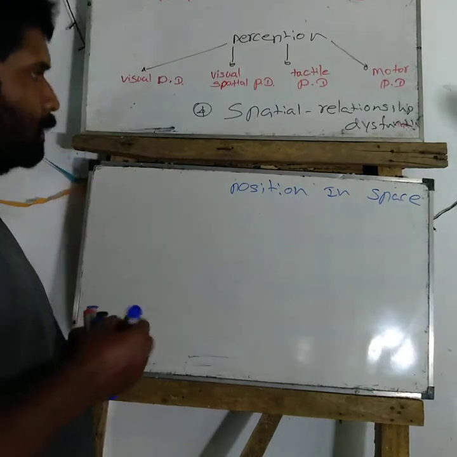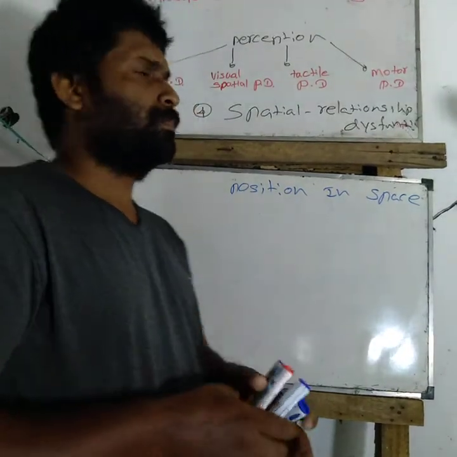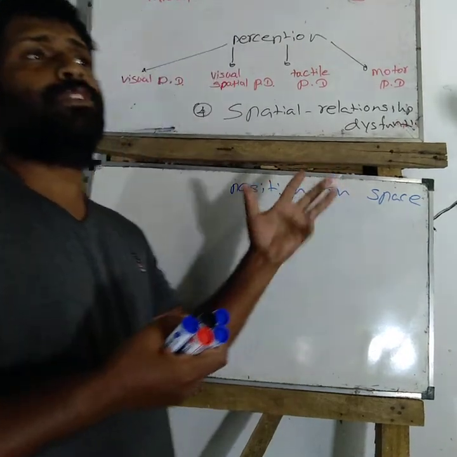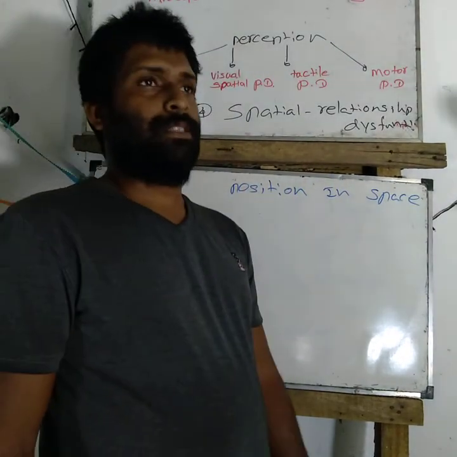A patient with a spatial relationship problem can't position in space, which is the most important problem to discuss.